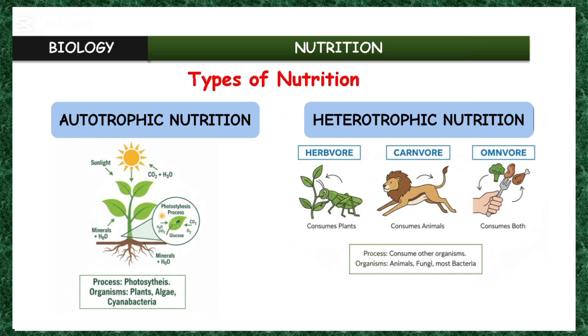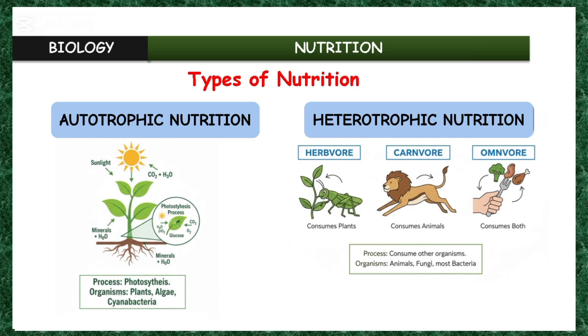That is autotrophic nutrition. This type of nutrition is common among plants. Autotrophic organisms are generally organisms that are capable of manufacturing their food by themselves. They have the ability to manufacture their own food by themselves.